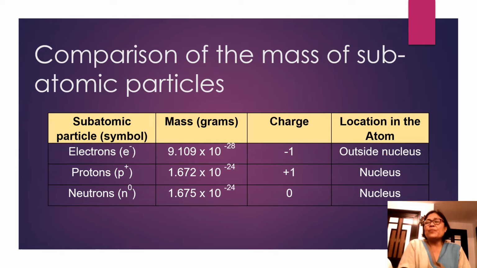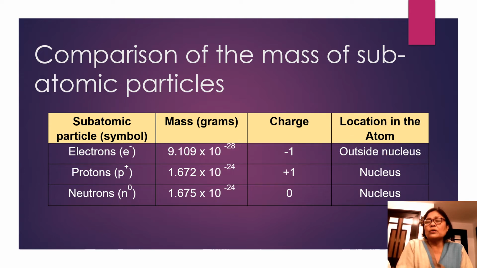Now let us compare the mass of subatomic particles. The masses of the protons and neutrons are almost the same. The mass of electrons is 9.109 times 10 raised to negative 28.